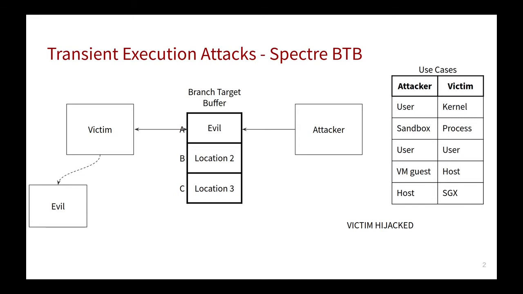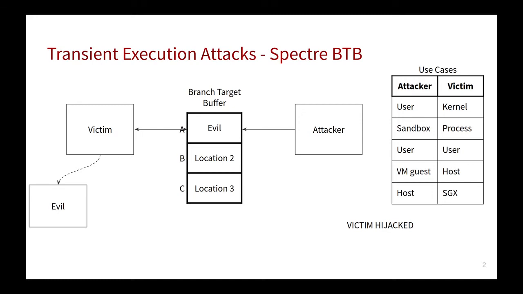For instance, a very common one is user versus kernel, where a user process tries to attack the kernel, or another common one is user versus user. So the idea is that the user process is trying to leak some information out of another user's process, and so on. As you can see, there are many ways this attack can take place, and this is true for all transient execution attacks.